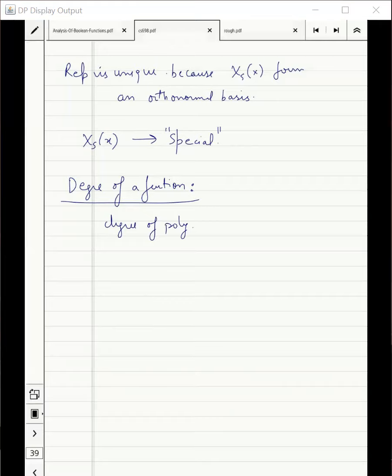It is at most n, but it is the maximum cardinality of S where f hat of S is non-zero. So this is the degree of f. Correct?